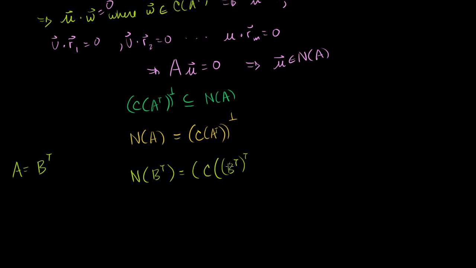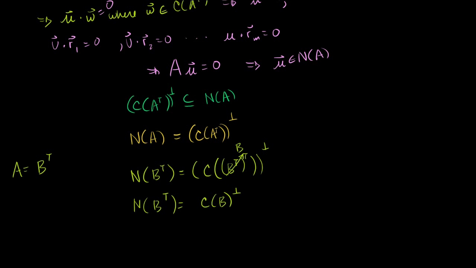A transpose is B transpose transposed. And what is this equal to? The transpose of the transpose is just equal to B. So I could write it as the null space of B transpose is equal to the orthogonal complement of the column space of B.